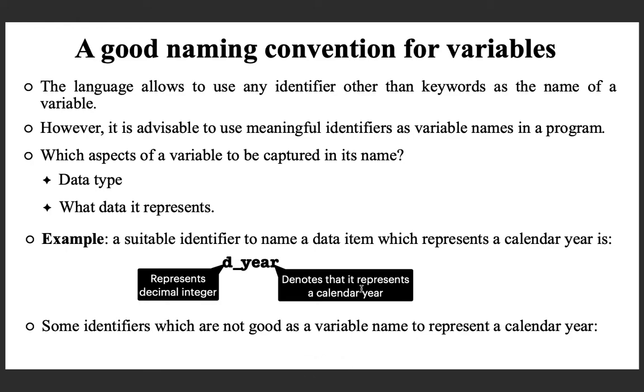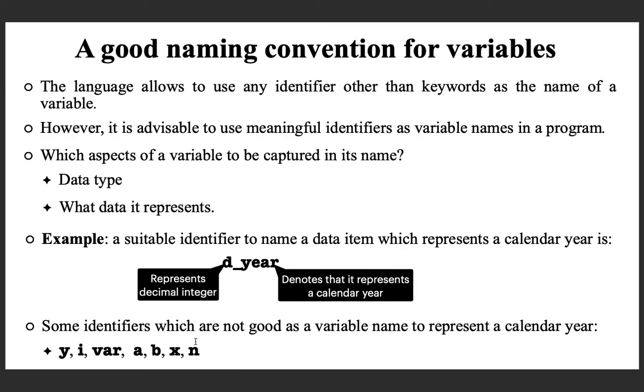Now you can see some identifiers which are not good as a variable name to represent a calendar year. Here are examples: Y, I, var, A, B, X, N. All these are identifiers, and the language allows you to use any of these as the name of the variable to represent the calendar year, but none of them are advisable because they do not indicate what data type it is, and also they do not indicate what data it is actually representing.